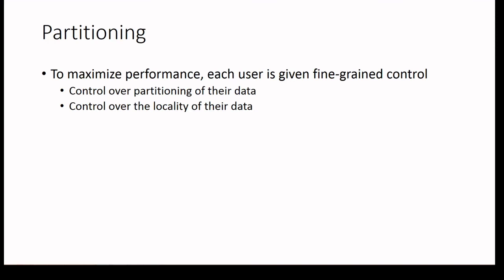Why do we bother partitioning our data at all? The goal of partitioning your data is to give the user control, specifically give the user finer grained control than what they would have with non-partitioned data. Now why? What does fine grained control of data give us? It gives us the ability to control or influence the locality of our data.